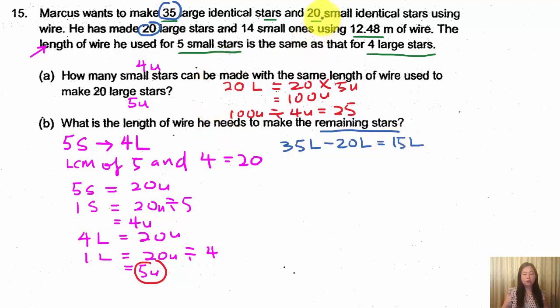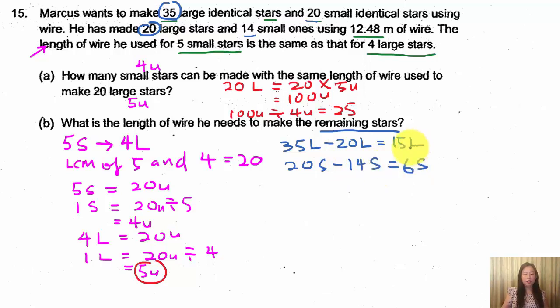If Marcus had already made 14 small stars and he wanted 20, so 20 small stars minus 14 small stars is actually equal to 6 small stars.